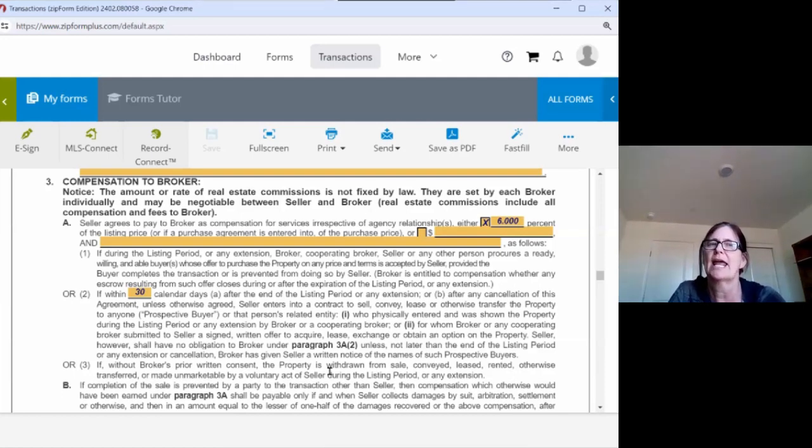Now, we are in a reputation-based business, and we're not in the business to force people to pay us for services that we don't provide, even though maybe up to that point we had provided some services. So it's highly unlikely that your broker would utilize this, but this is part of the contract. Any questions on any of that?